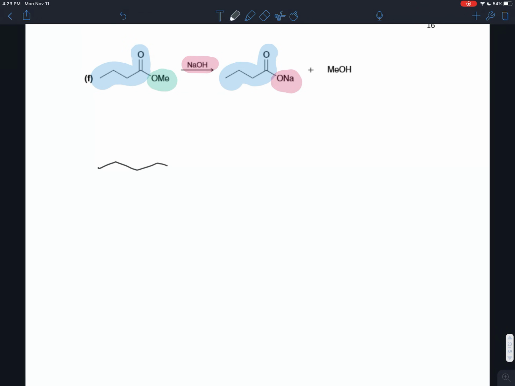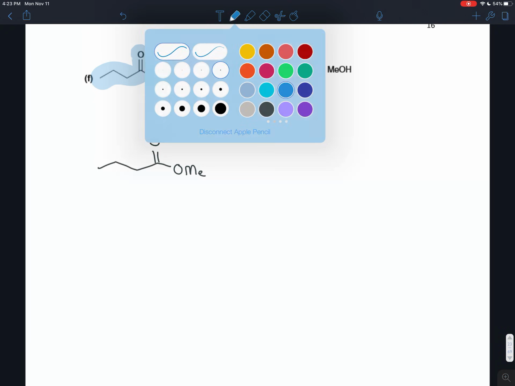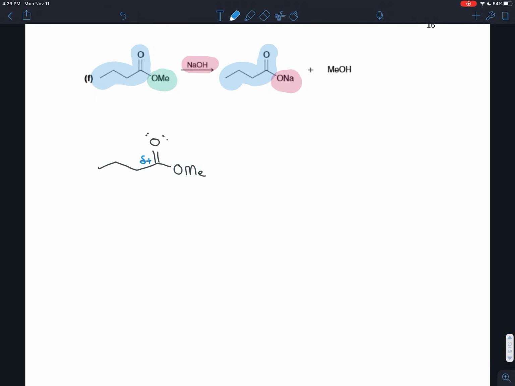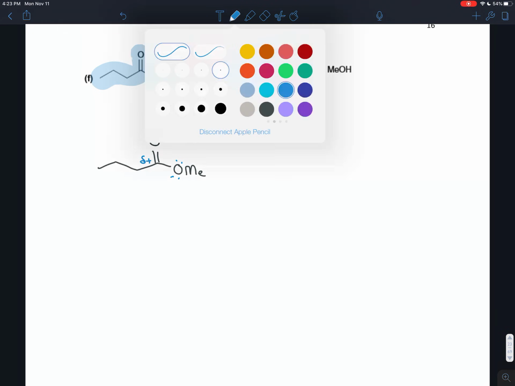However, we don't just have a mediocre electrophile here. I mean, it's true. The carbonyl carbon here is not especially electrophilic. It has a slightly positive charge, but it's not especially electrophilic because one of the lone pairs on the oxygen in the ester uses resonance to donate electron density toward that positive charge, as we discussed in the previous example.